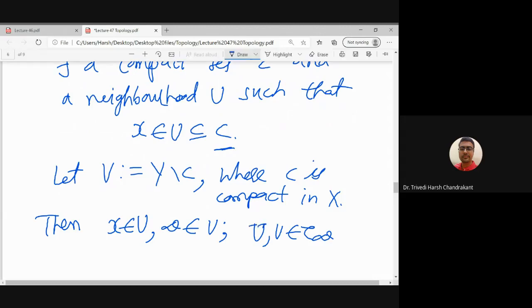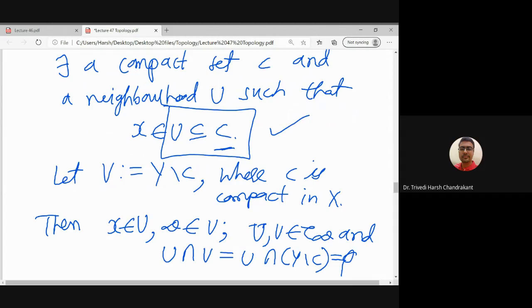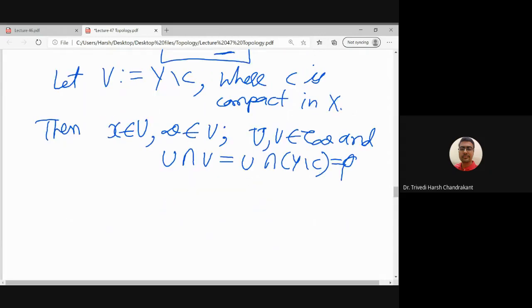The final thing will also follow, that is U intersection V. This is U intersection the complement of C, and that is the null set because U is a subset of C. So we get U intersection V is the null set, and we got the open sets containing x and y.